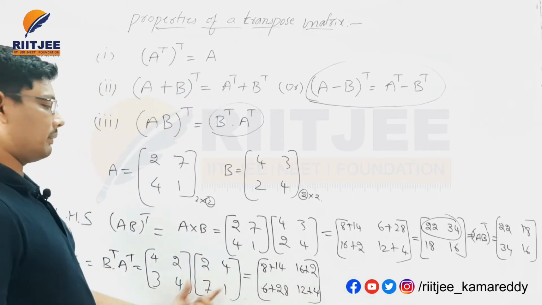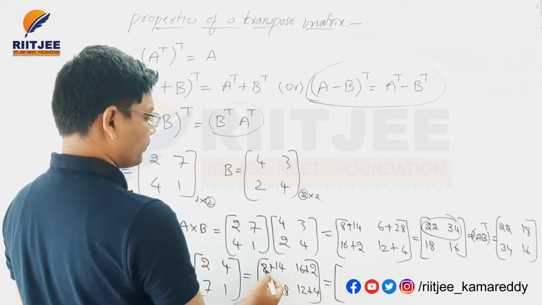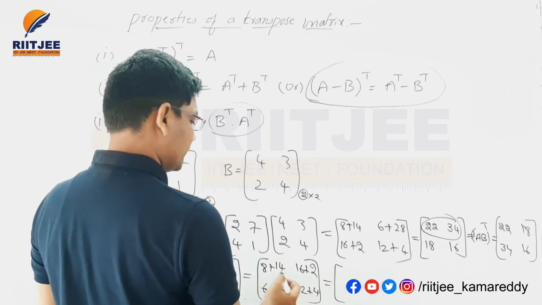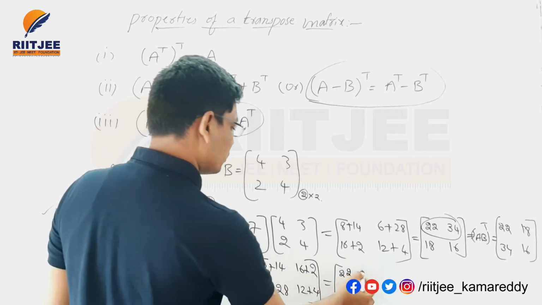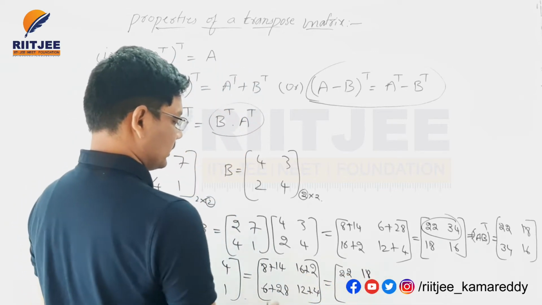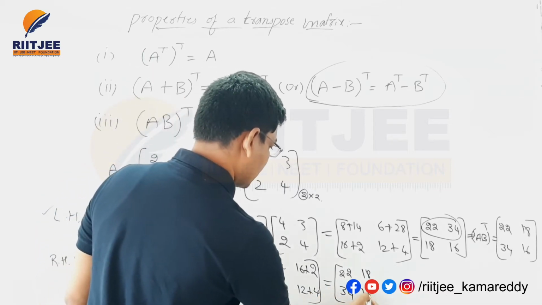This is the multiplication of B transpose into A transpose. Next 8 plus 14 is 22. Next 16 plus 2 is 18. Next 6 plus 28 is 34. Next 12 plus 4 is 16.